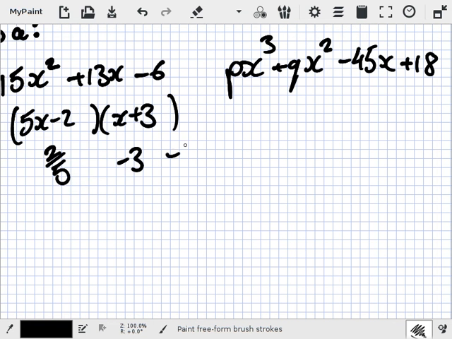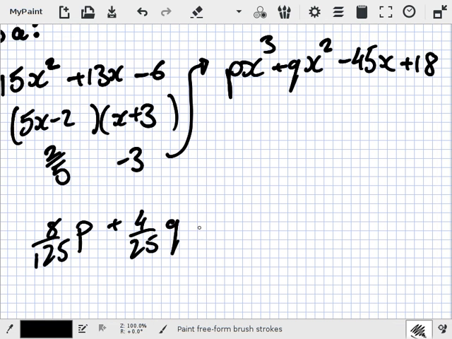So if I put them in here, 8 over 125 p plus 4 over 25 q minus 18 plus 18 equals 0. That's interesting.